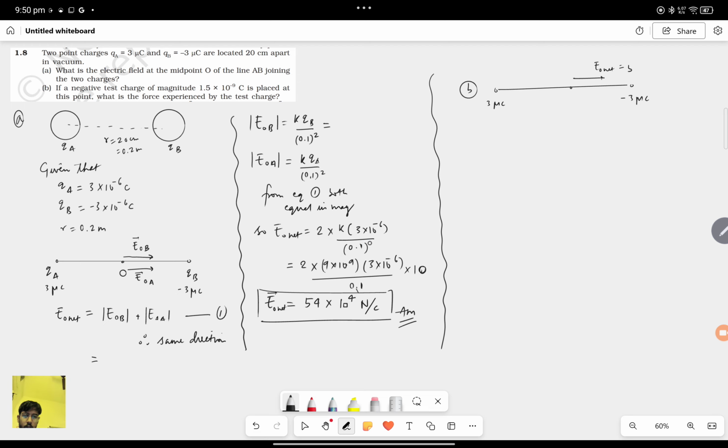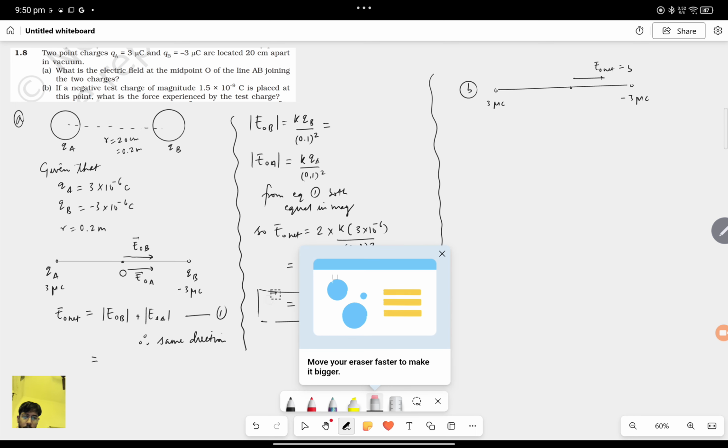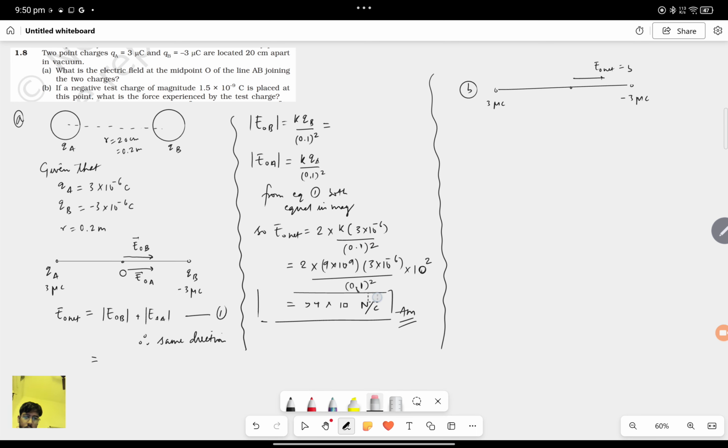This is going to be a square, right? This is going to be a square, and that means if we are taking it out here, it is going to be a square. My bad, the answer is not like this.